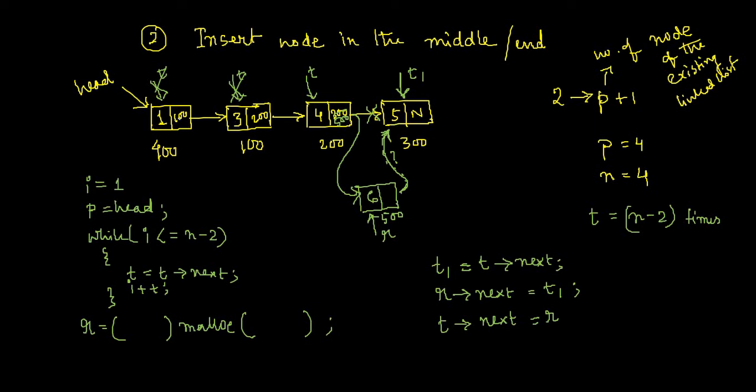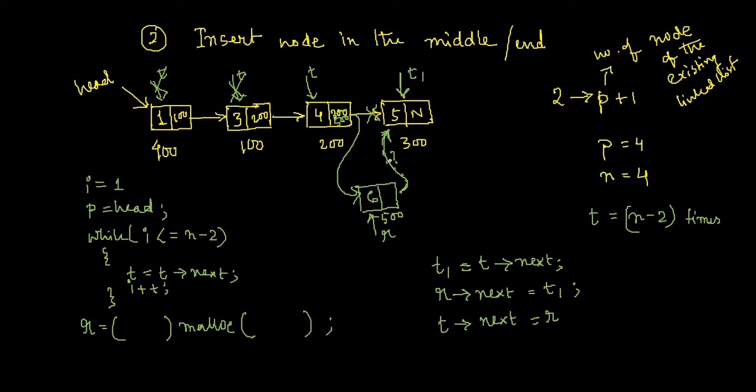You can start from head and easily reach the last one, because from here to the second one, second to third, third to the newly created node, and the newly created node to the last. Am I clear? Yes, sir. Okay.